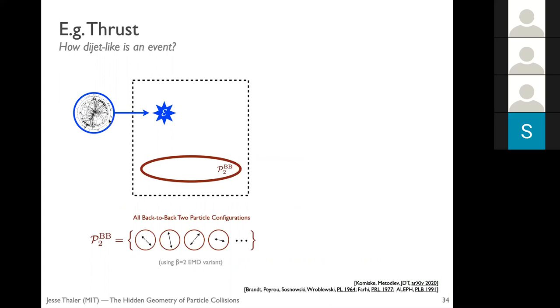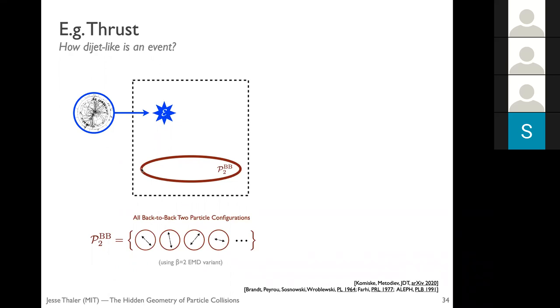So again, I have my event, a single point. I want to think about two-particle configurations. And for thrust, it turns out that I want to think about all possible back-to-back two-particle configurations, where, as I mentioned, it's more natural to not think about energy-momentum conservation here. So these are two back-to-back configurations that don't necessarily preserve energy-momentum.